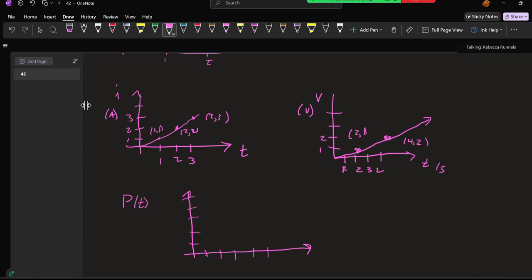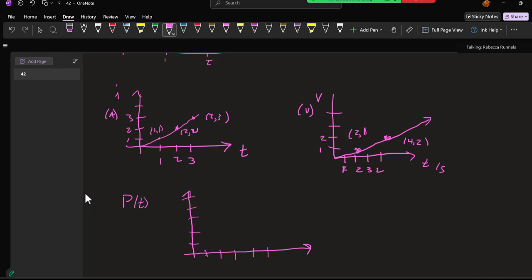I meant for those to be straight lines. So they're linear, so t times t. What does a t times a t give you? T squared. And what does that look like? A parabola. Yeah, parabola. But all I really have to do is multiply the y values together of the points.